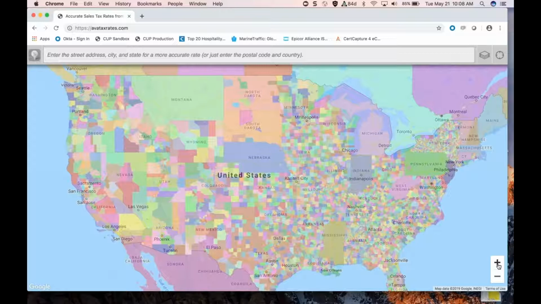And leveraging this geospatial mapping and the mapping of these address regions, what Avalara does is, when we get an address, and I'm going to go up here and put an address in, it's 8150 East Colfax. And I'm going to pick that in Denver.